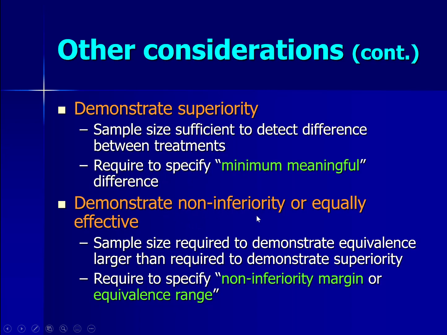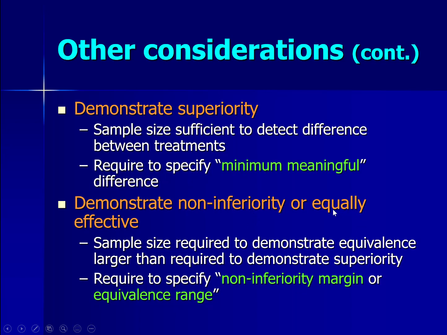It means we will not aim to propose the new one to be better. It's impossible, but it's less expensive. So even if it's worse, it is not worse than some level. That level is called the non-inferiority level or margin. Usually it's very small compared to the superiority level of meaningfulness. Here we care about only one tail.